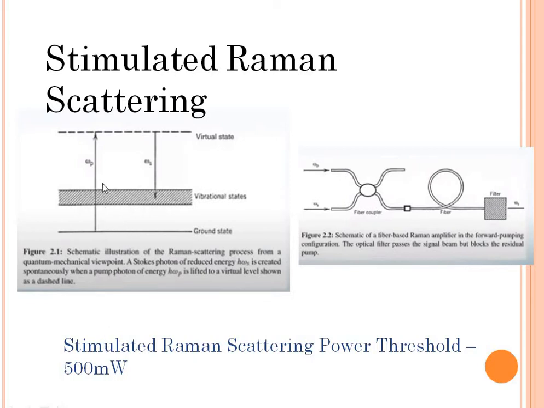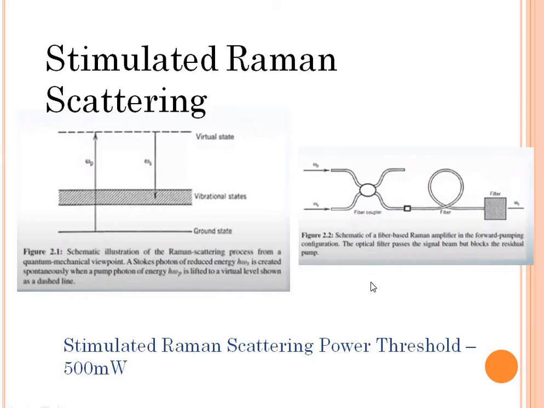The photon of the pump beam is scattered by molecules in the fiber medium and becomes a low energy photon. The remaining energy is turned into vibration and dissipated in the fiber medium. So for intense optical power, this non-linear effect can transfer most of the pump power into signal power.